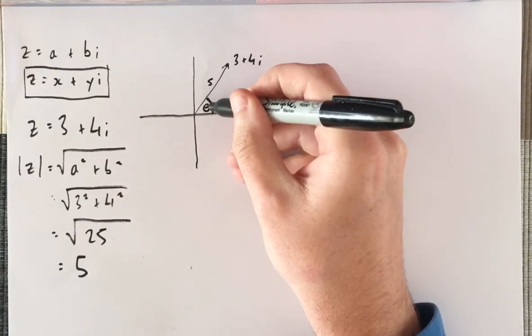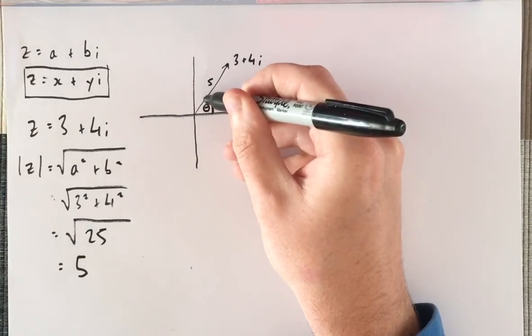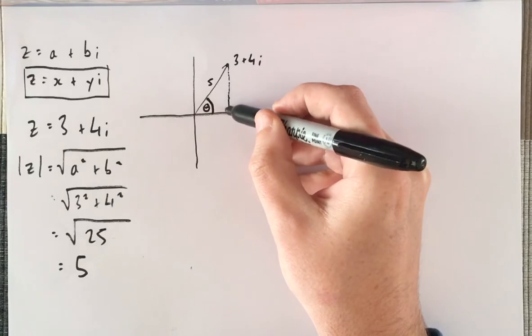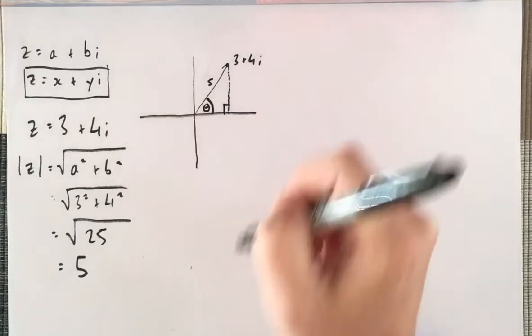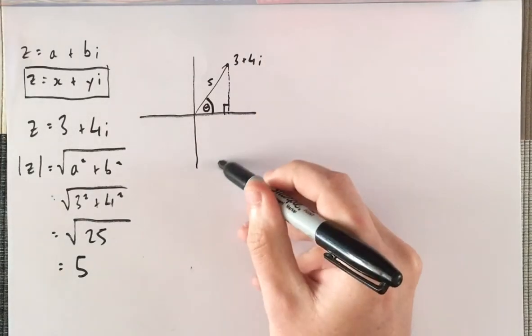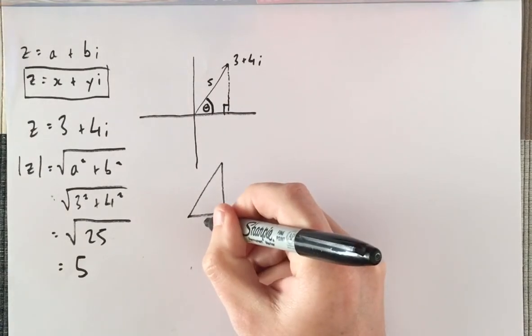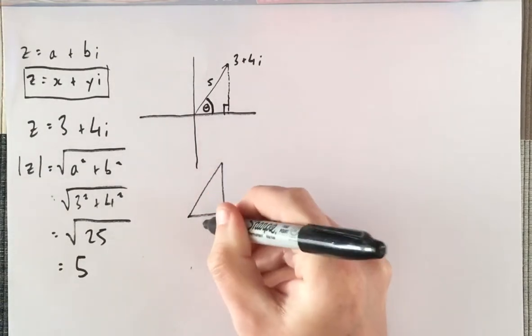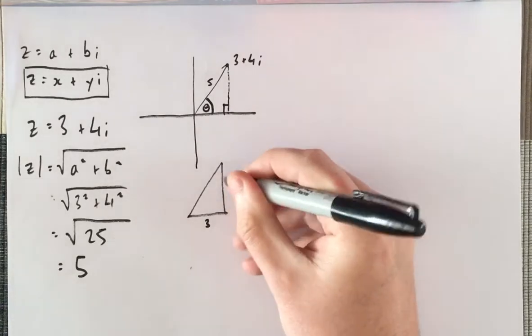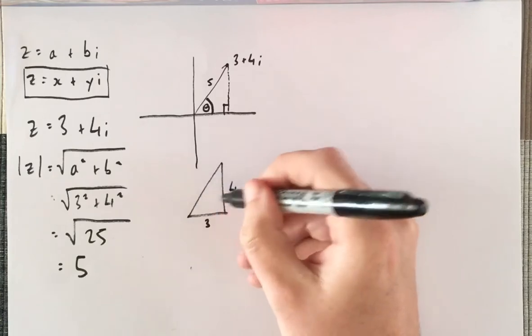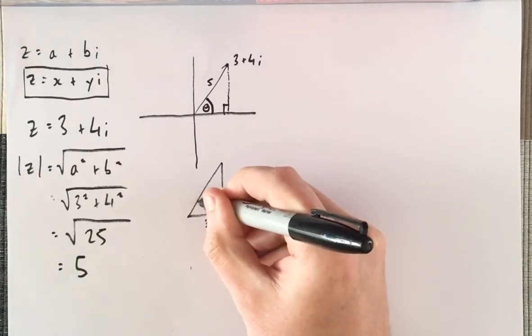How do I figure out this angle? Well, if I just draw that line down there, you see I've got a right angle triangle, and if I draw it out again, this is 3 units to the right, so this will be 3, and 4 units up, so this will be 4. This will be 5, but I'll just deal with the 3 and 4 for now.